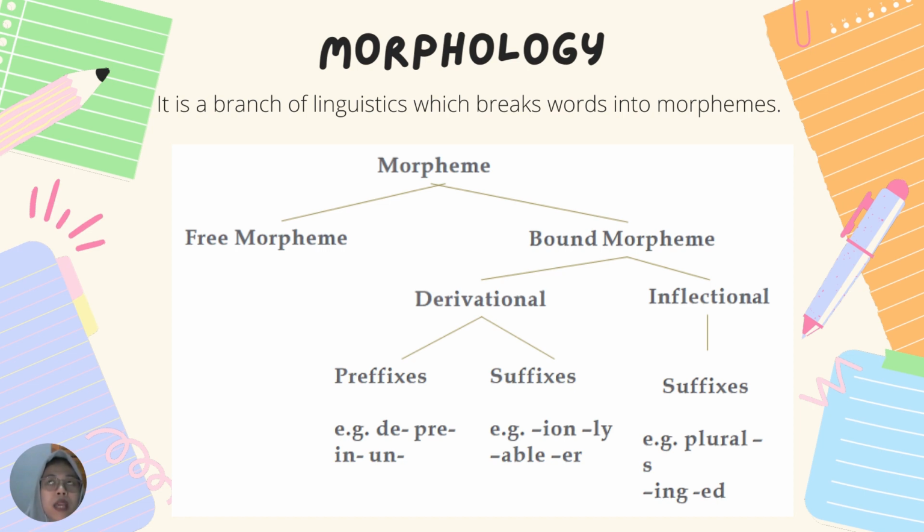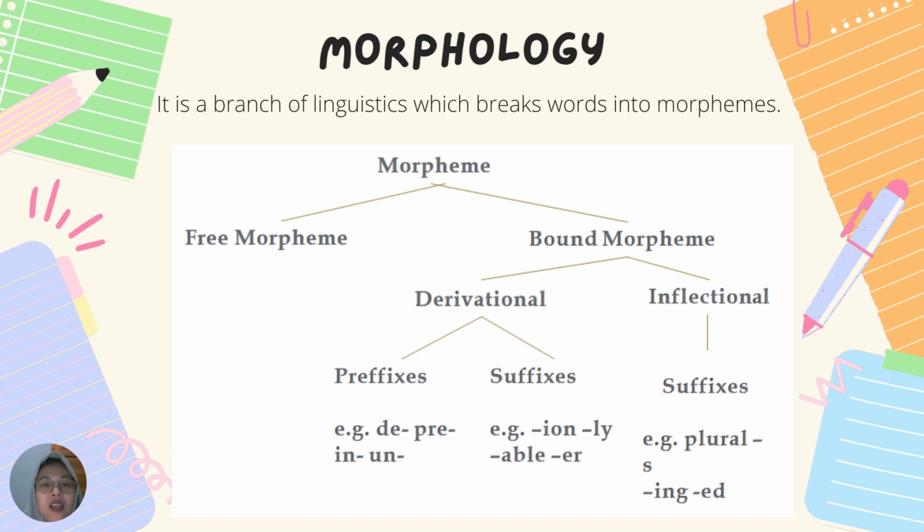Examples of free morphemes are mother, boy, table, laptop, blanket, and so on. And bound morphemes are divided into derivational and inflectional.